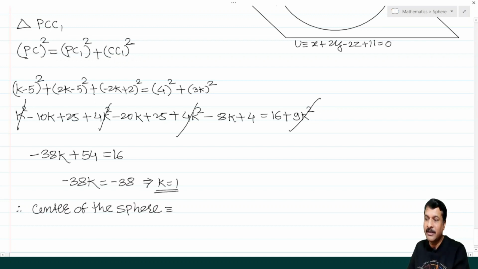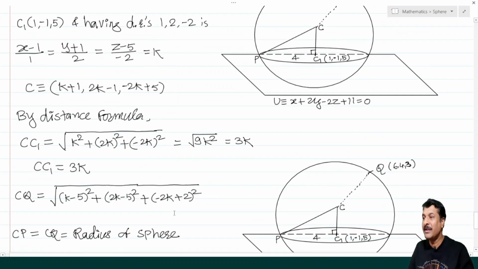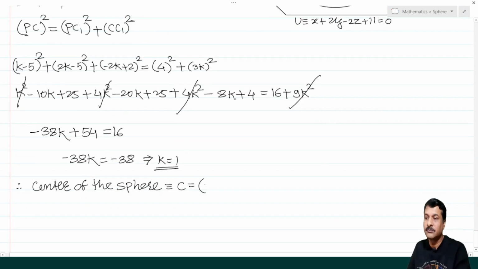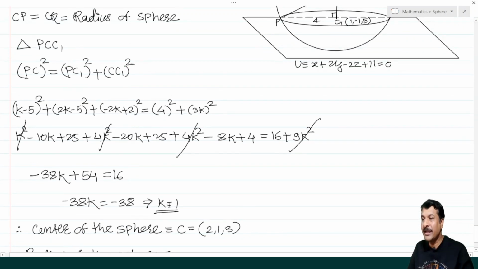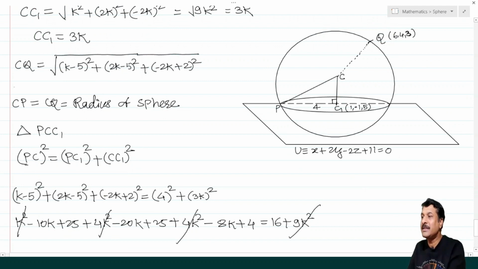By using this I can find the center of this sphere. K equals 1, so I am getting 2, 1, 3. So the center is (2, 1, 3). And what about the radius? You can consider either CQ, which is nothing but the radius of this sphere, or use the distance formula again, but the better way is CQ.